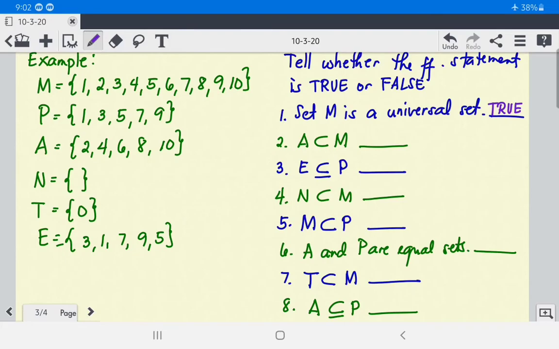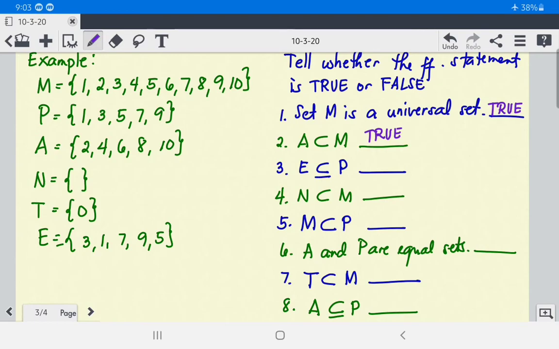So number 2, A is a proper subset of M. So A is a proper subset of M. Yes, this is true. Okay, why? Because all elements of A are elements of M.